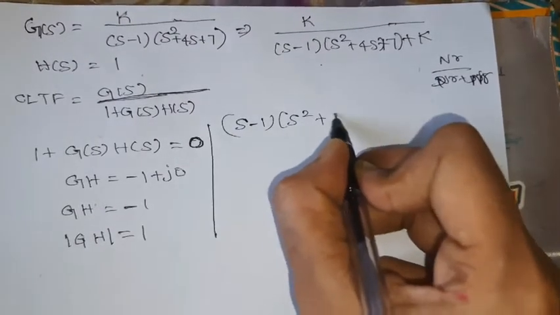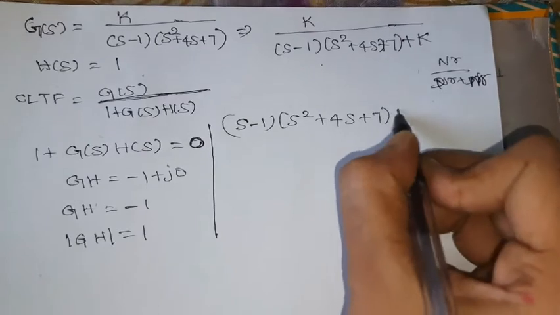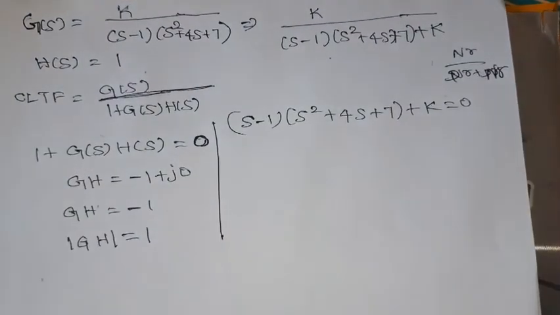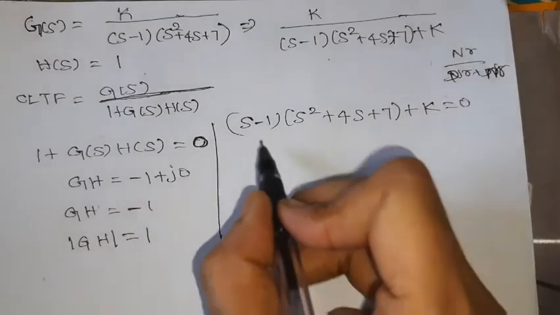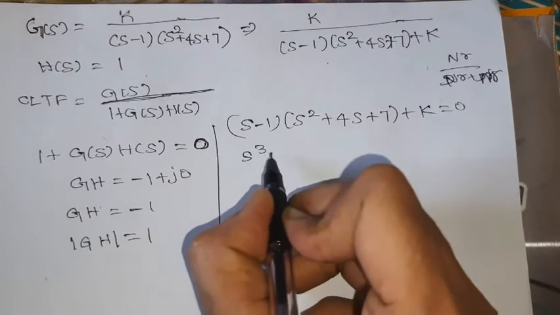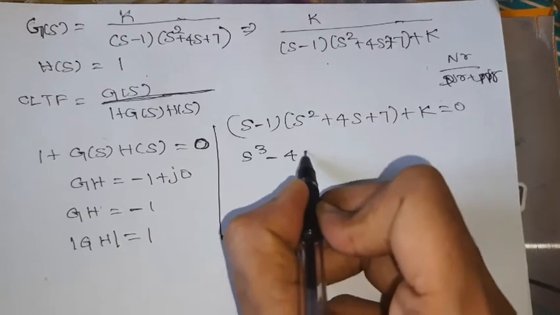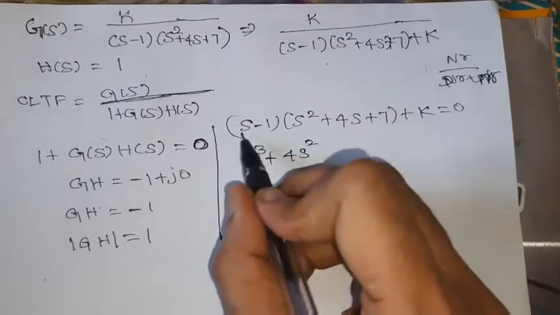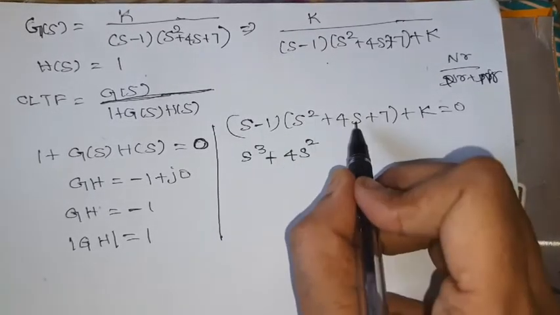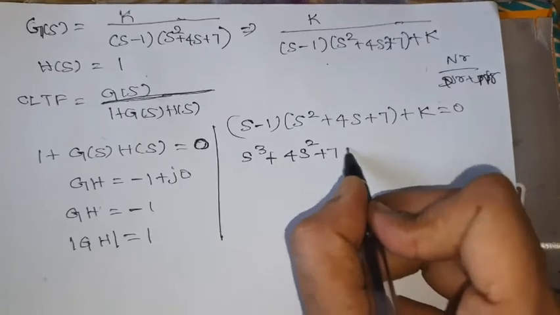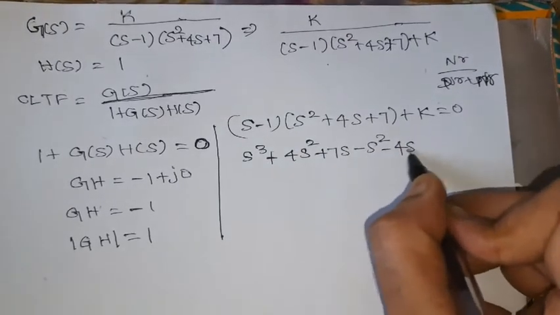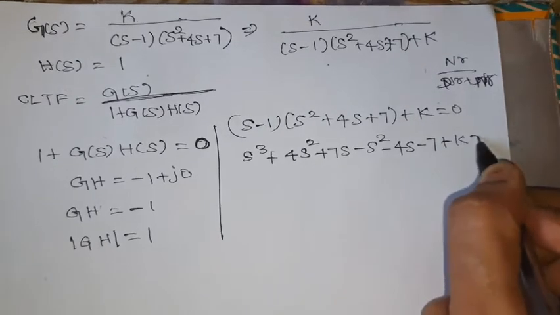s squared plus 4s plus 7 plus K equal to 0. We have to find dK by ds, which will give the root locus points. Substitute: s cube plus 4s squared plus 7s, multiplied by minus 1, minus s squared minus 4s minus 7 plus K is equal to 0.